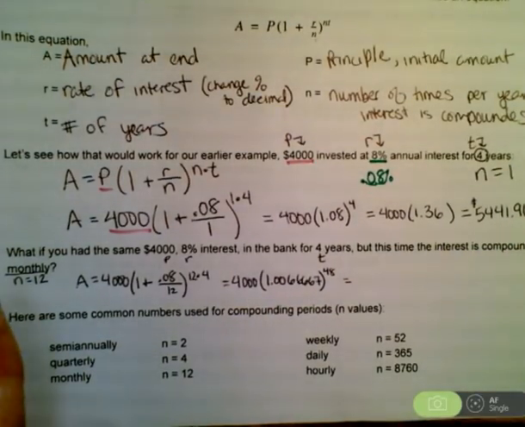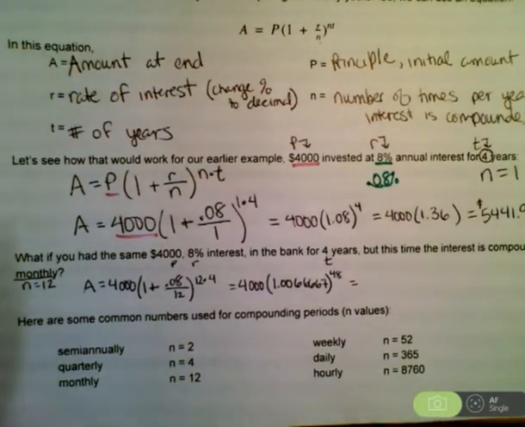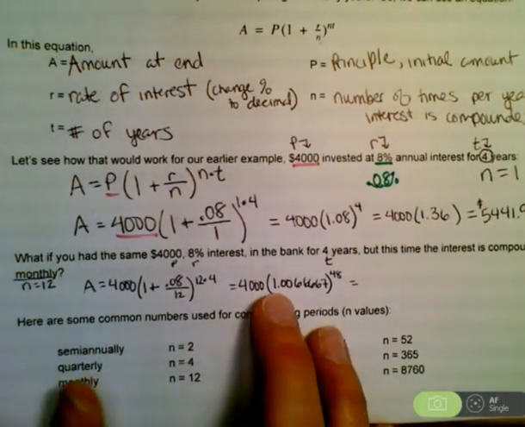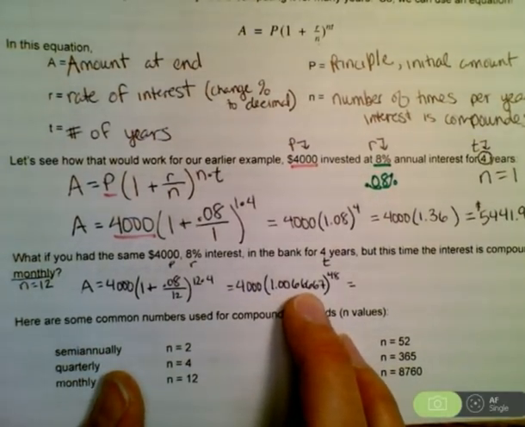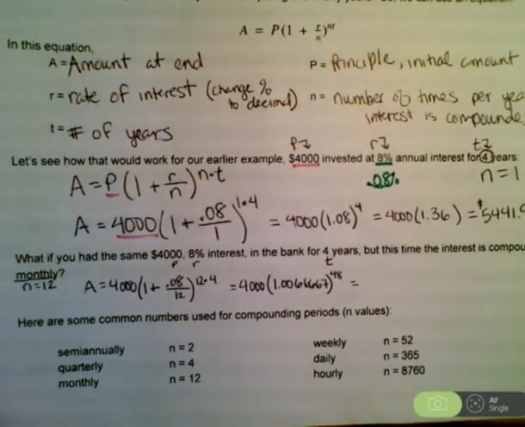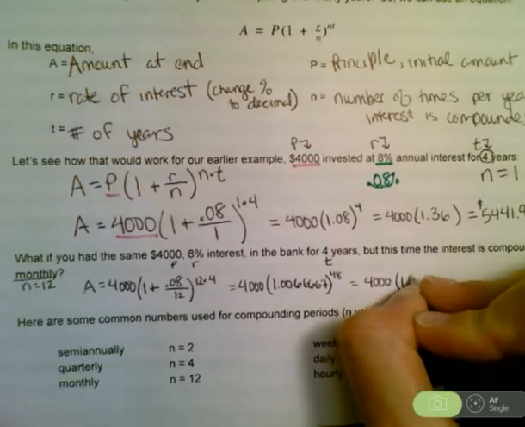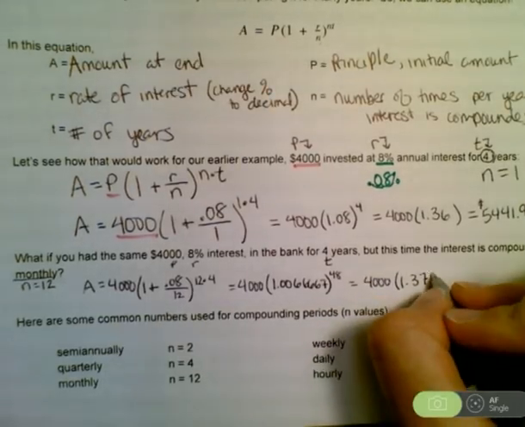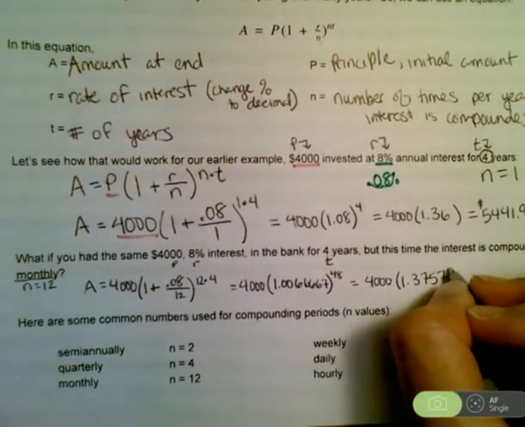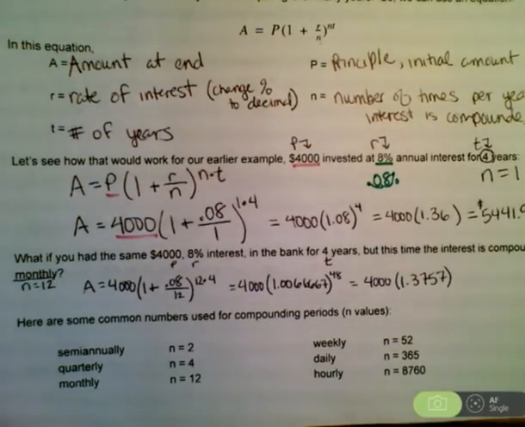Now I need to do that exponent. So I do 1.00666, all that, to the power of 48. And I get 4,000 times 1.3757, I'll round it to. It's a 6 with some other stuff.